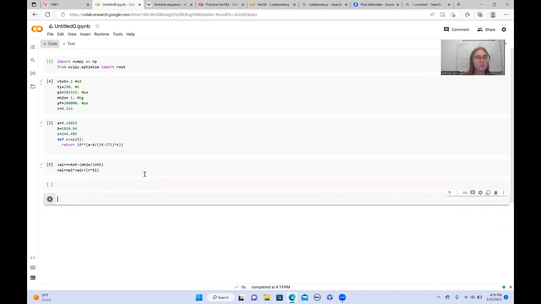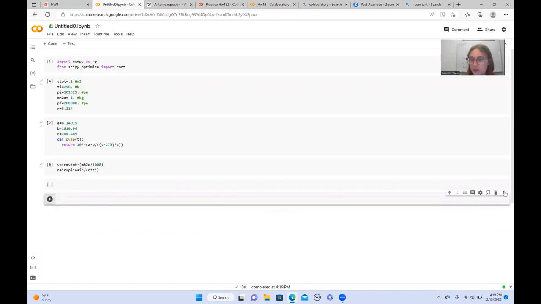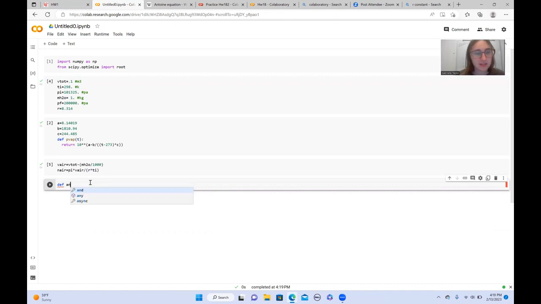So let's code some more. Now I think what we're going to do is define Antoine's equation. Well, not Antoine's equation, but I'm just going to define a random equation as Antoine's equation. It's going to be our pressure equation that we have here, but I just like to say Antoine's equation for some reason.